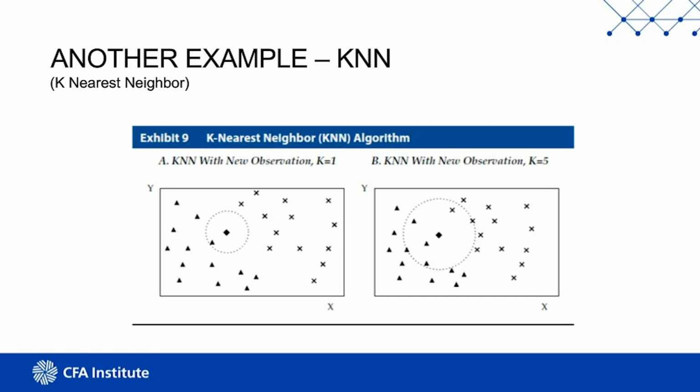And so on the basis of that, you would make the prediction that this one will also be a triangle. On the right-hand side, you can see we have a K of 5, and here it's picked up 3 triangles and 2 crosses. And so now you would say, okay, we think there is a 60% probability, because there's 3 out of 5, that this observation would be a triangle.